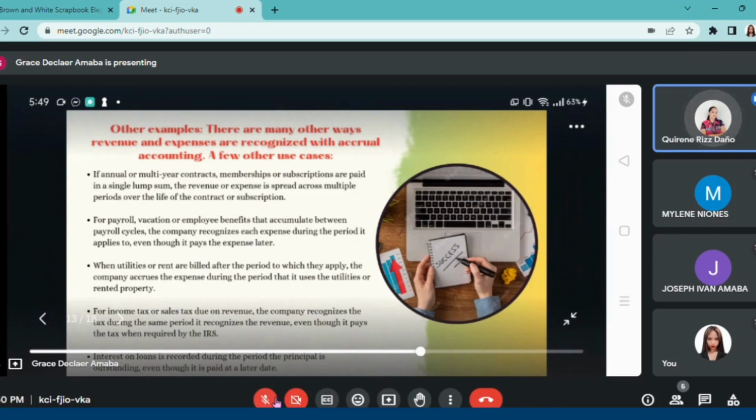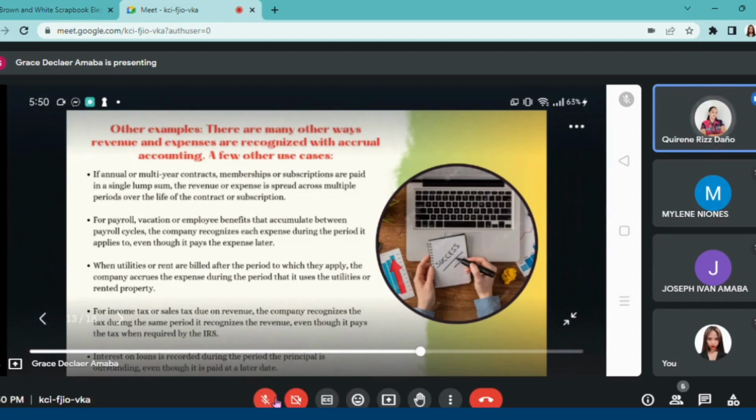If annual or multi-year contracts, memberships or subscriptions are paid in a single lump sum, the revenue or expense is spread across multiple periods over the life of the contract and subscription.